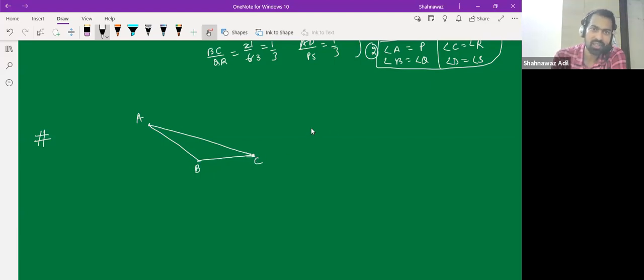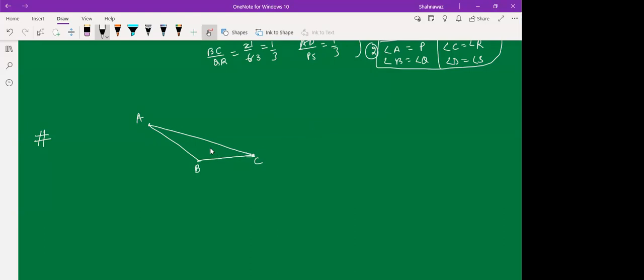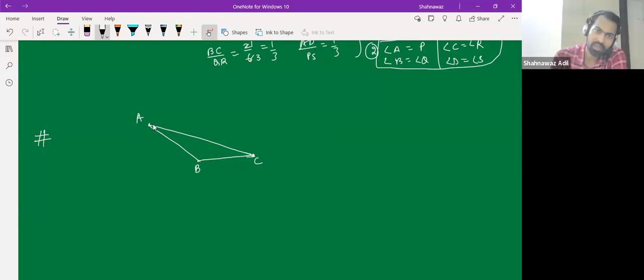So I can have three bases, right? Whenever I choose one base and want to draw the altitude, say I choose this AC base, then the altitude would be from which vertex?